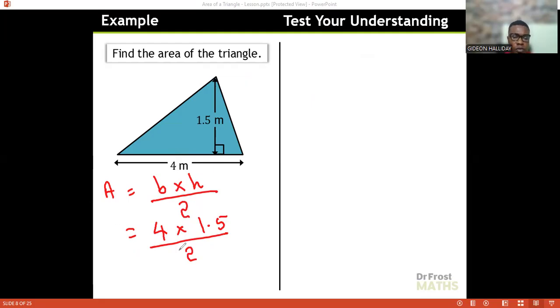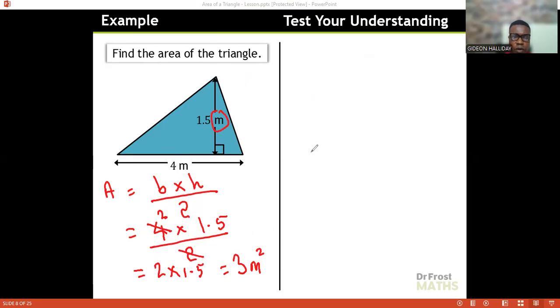So you could cancel 2 by 4, that means 4 divided by 2 is 2. And then you do 2 times 1.5. And that will give you 3 meters square. Always remember the units, right?